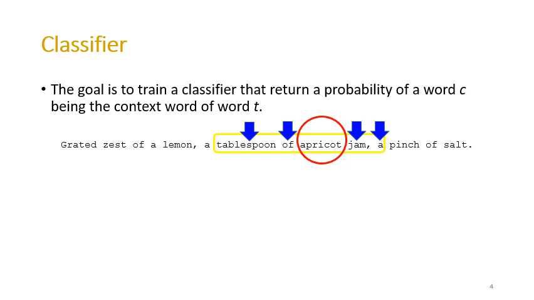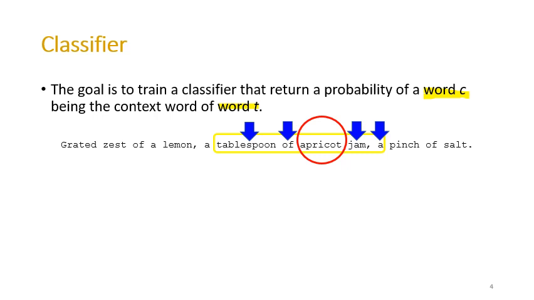So word2vec wants to train a model that returns a high probability of a context word C that is the actual context word of word T. In this example, the target word, or word T, is the word apricot in the red circle.